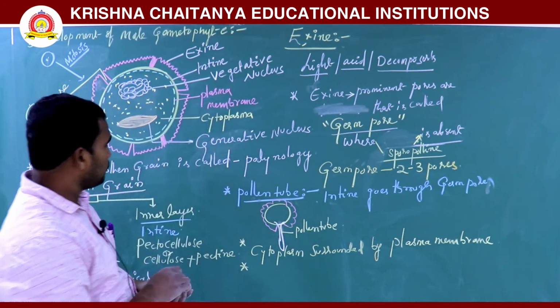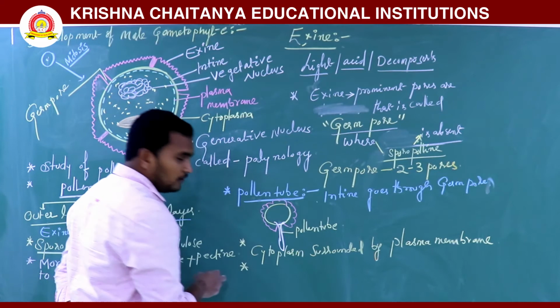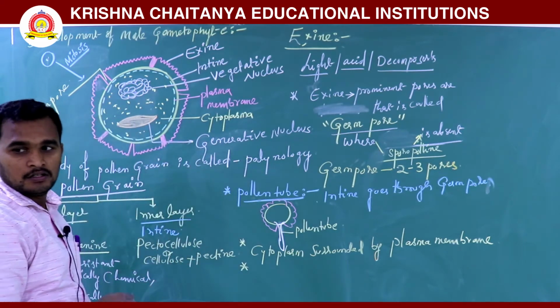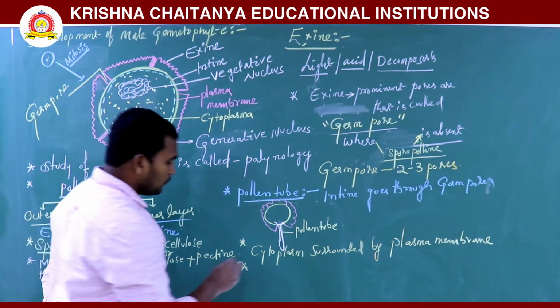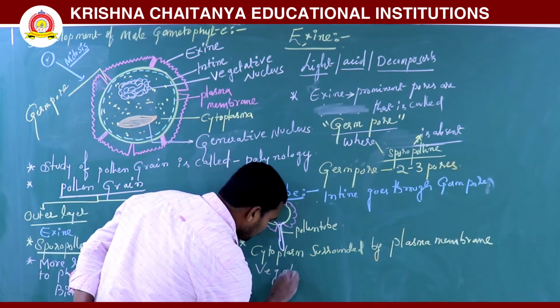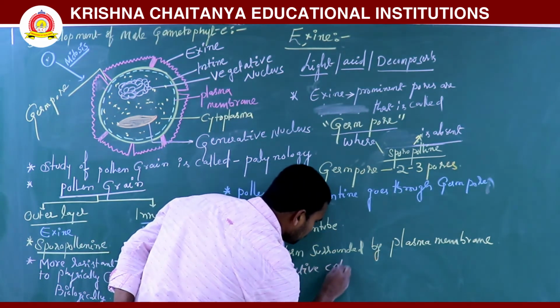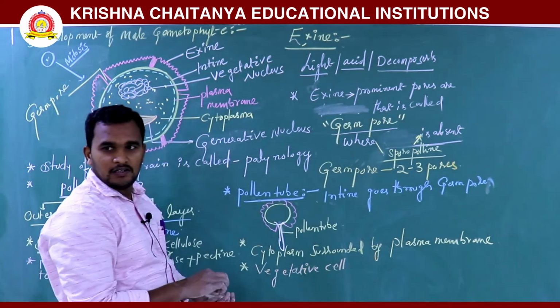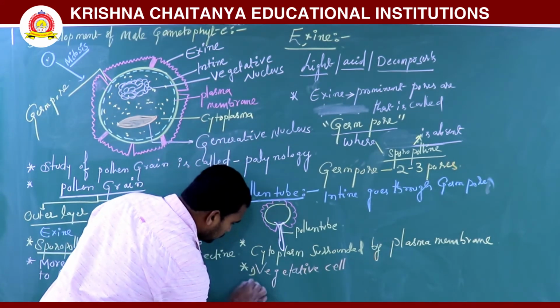And also here, one more point we are discussing: the pollen grain is mainly divided into two types of cells.